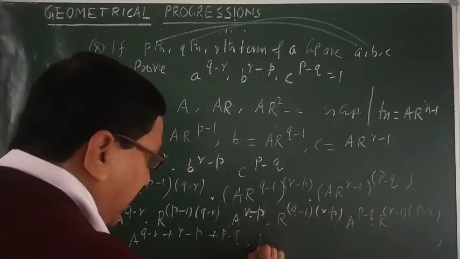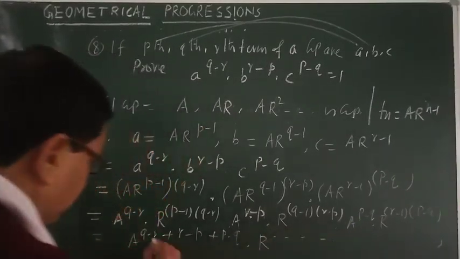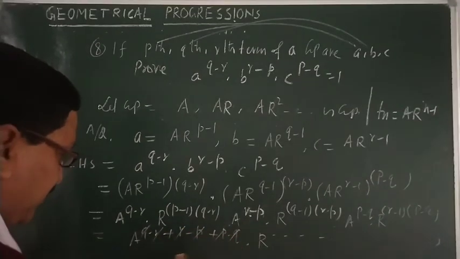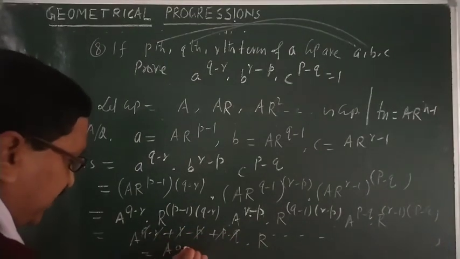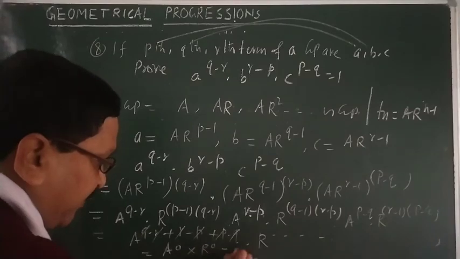All are cancelled, so we are left with A to the power 0 into R to the power 0, so 1 into 1 is 1.